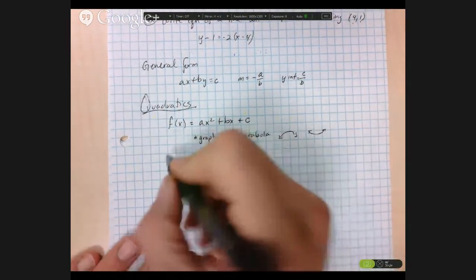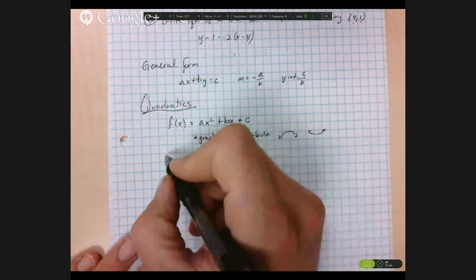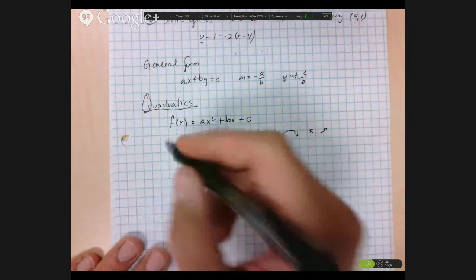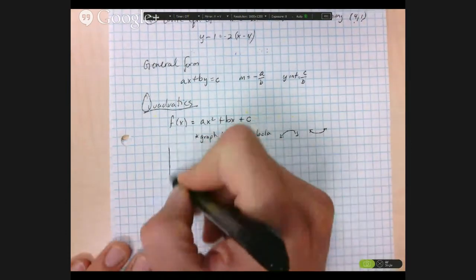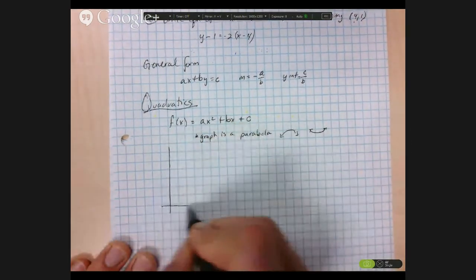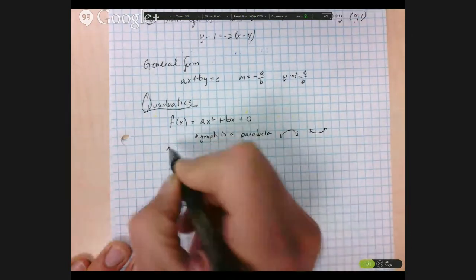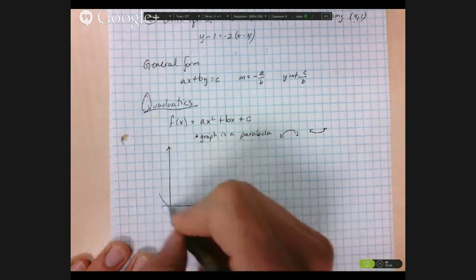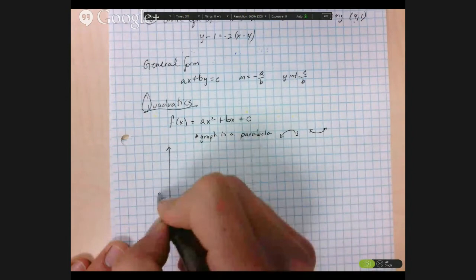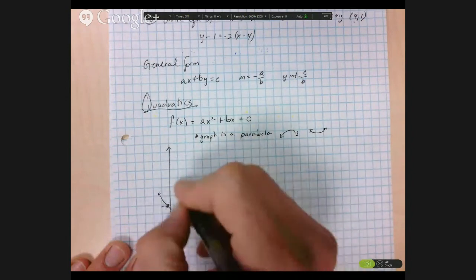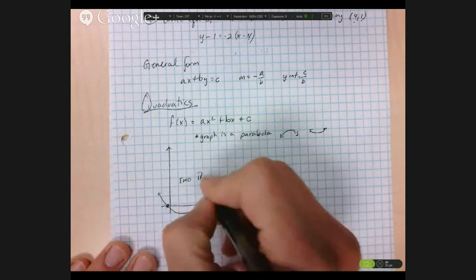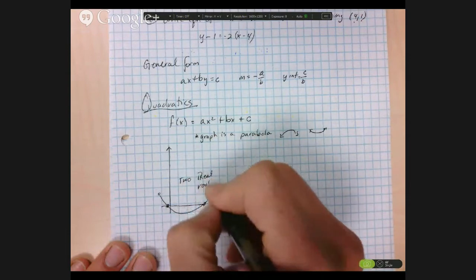Quadratics have what we call roots, or zeros. There are several situations we can consider there. We can have two real roots.